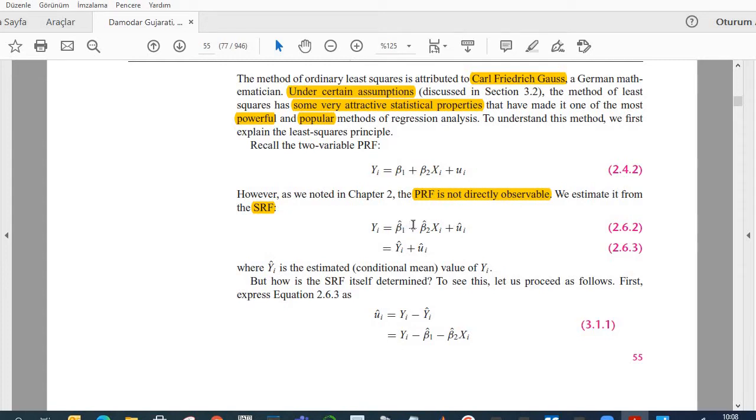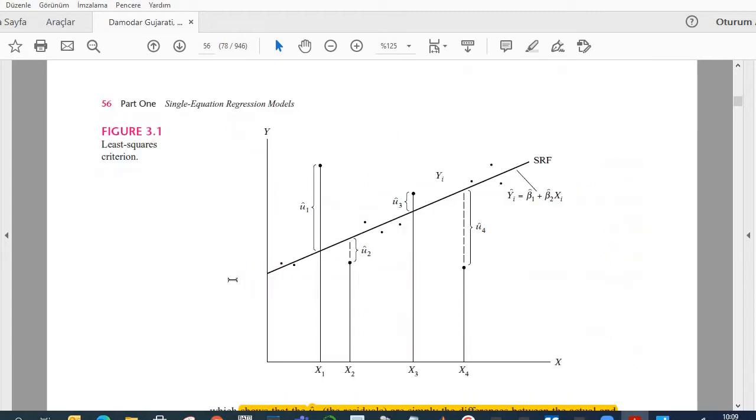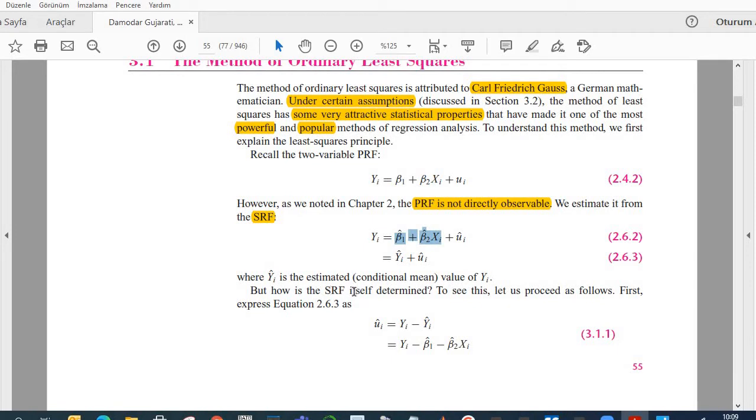So this part, beta 1 hat plus beta 2 hat xi, can be written as y hat, plus u hat. So this is a simple algebraic manipulation. So y hat is the estimated conditional mean value of yi, but how is the sample regression function itself determined?